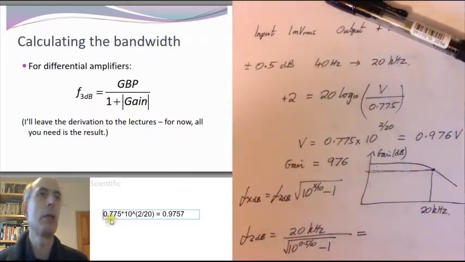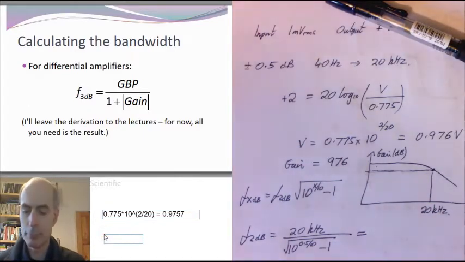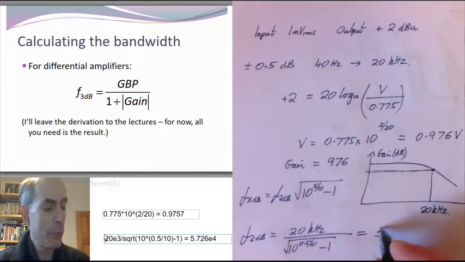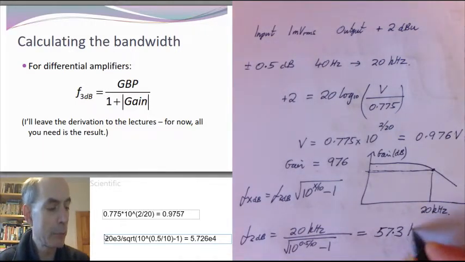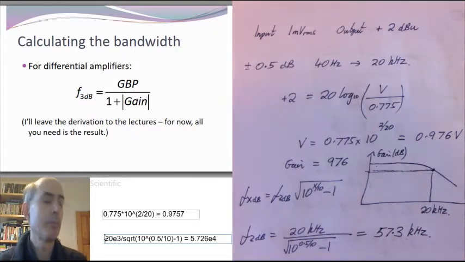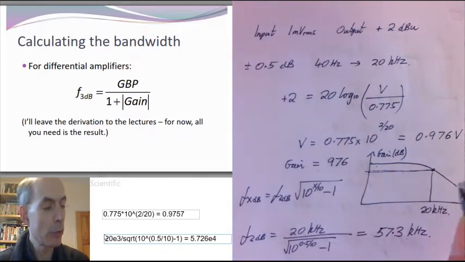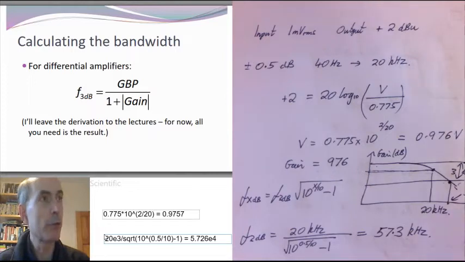And that is 57.3, near enough, kilohertz. So, if we wanted to have dropped by only 0.5 dB by 20 kilohertz, we would be down 3 dB at 57.3 kilohertz.